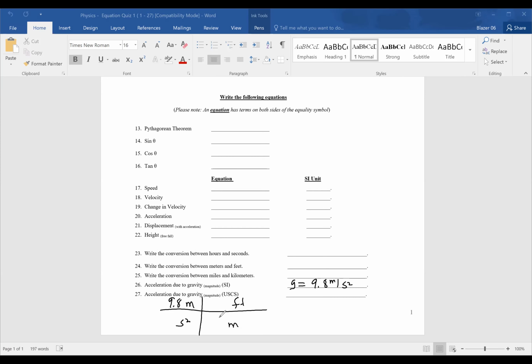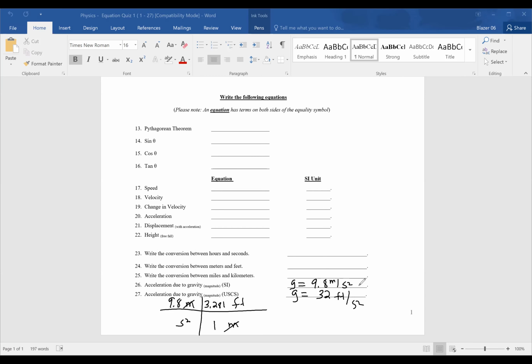And I know that 1 meter is 3.281 feet. So when meters cancel out and I multiply this, I will get that g is also 32 feet per second squared. So those are the acceleration due to gravity values.